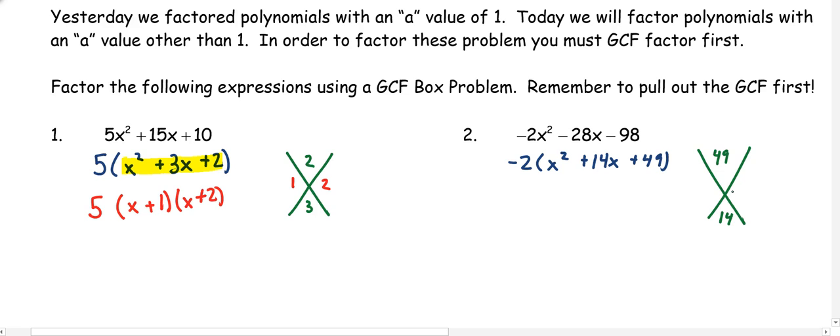Those numbers are 7 and 7. Those are the only numbers besides 1 and 49 that multiply to 49. So when I rewrite this, I have my GCF of negative 2 out front, and I have x plus 7 times x plus 7. Remember, if we have the same factor in parentheses, we can rewrite it as x plus 7 squared.